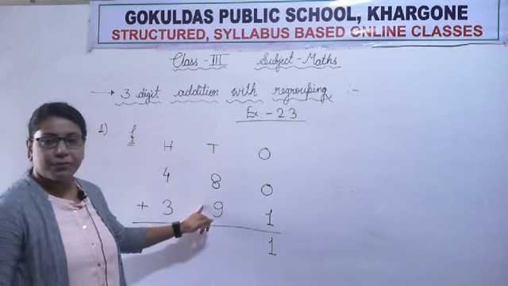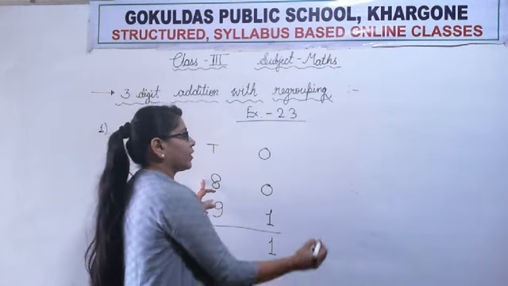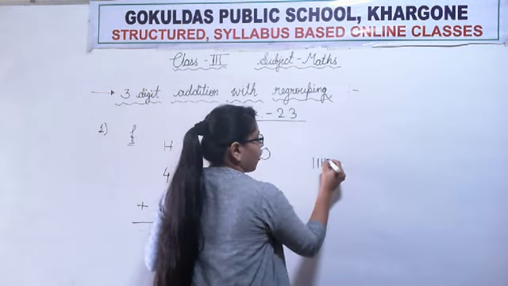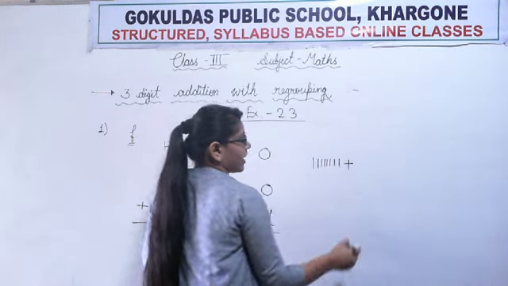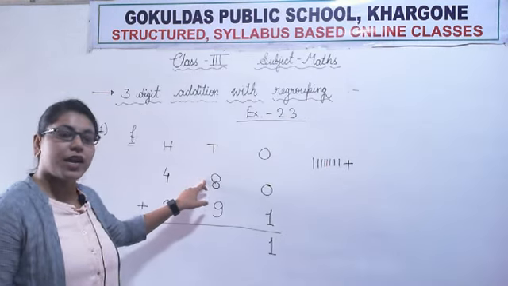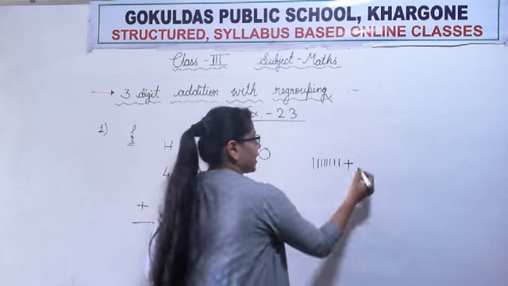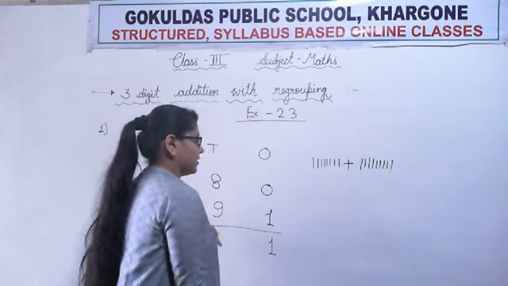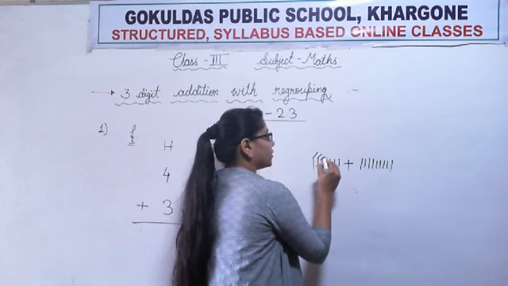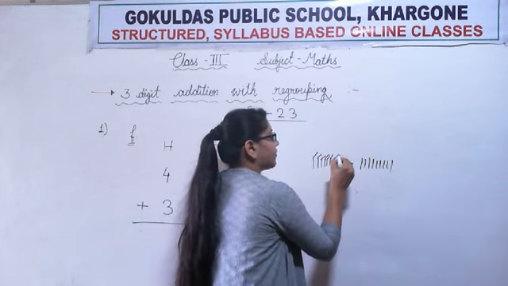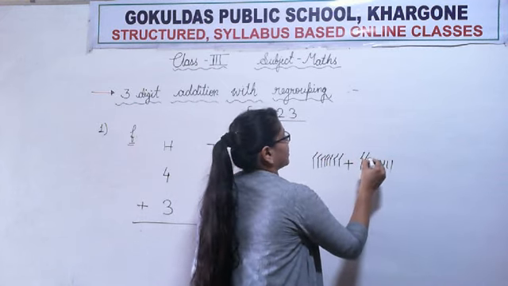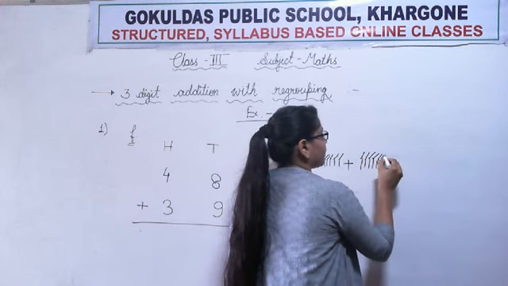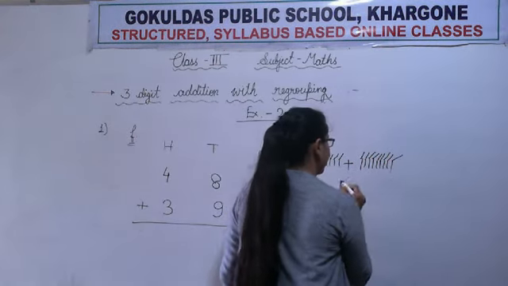Now it's time to add the tens column. So 8 is there, so we will draw 8 sticks first, then we'll put a plus sign because we are doing addition. Then 9 is there, so we will draw 9 sticks. Now let's add them. 1, 2, 3, 4, 5, 6, 7, 8, 9, 10, 11, 12, 13, 14, 15, 16 and 17.